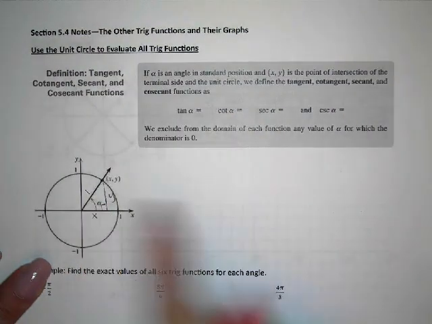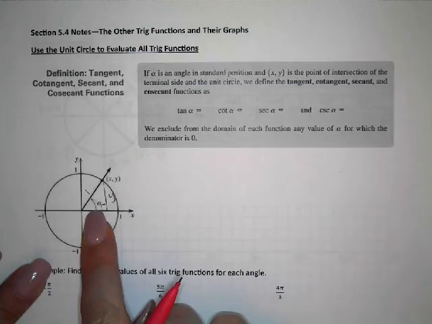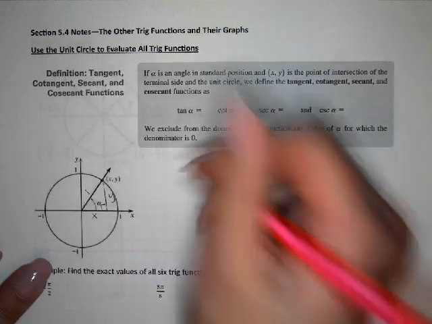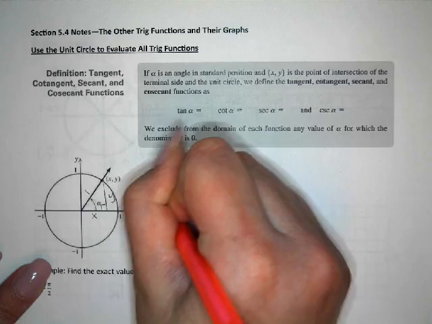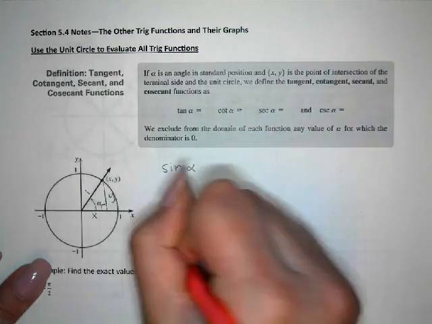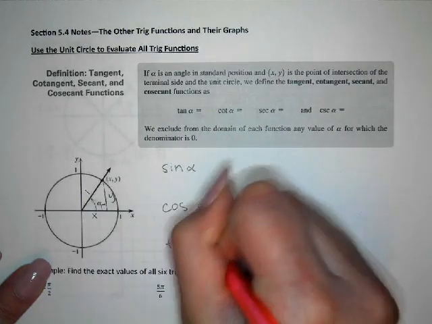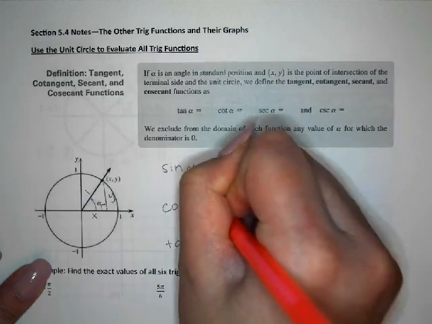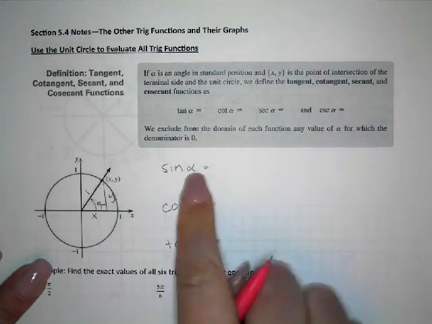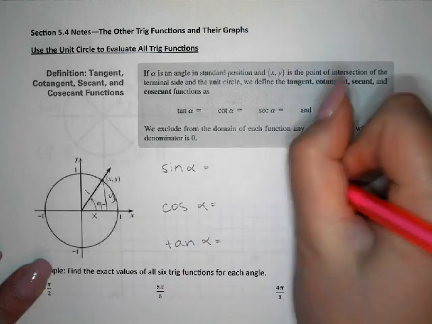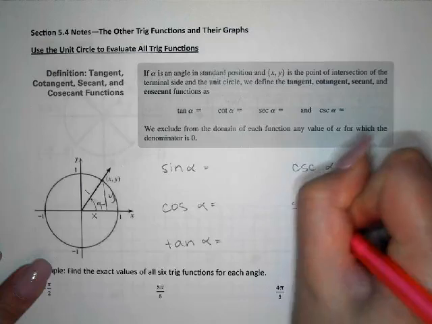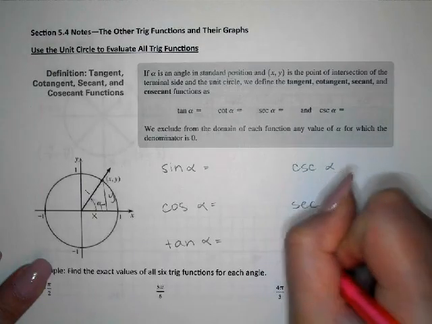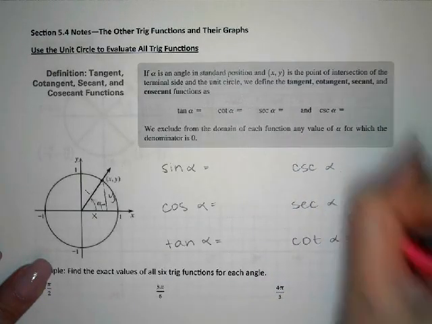And we know that for all of these, we're finding the different trig functions for angle alpha, this angle right here. So I'm going to find sine alpha, cos alpha, tan alpha. And then I'm going to find each of their reciprocal functions, which is cosecant alpha, secant alpha, and cotangent alpha.